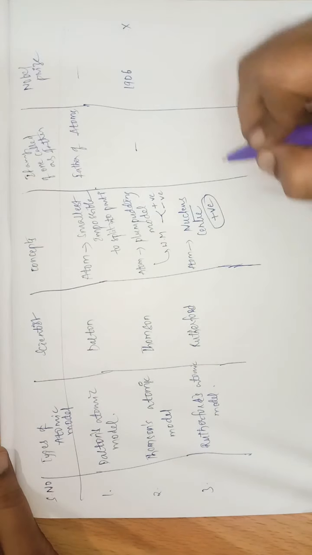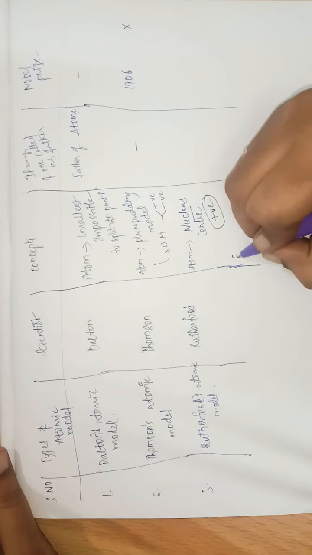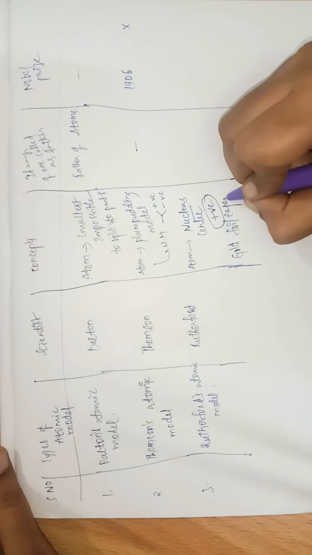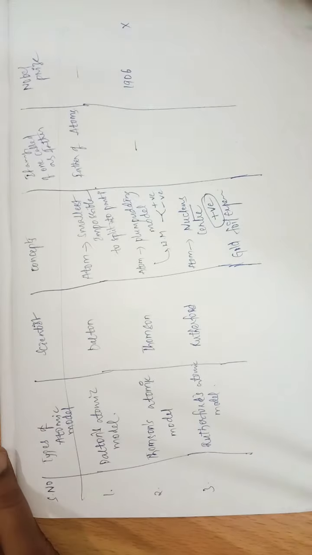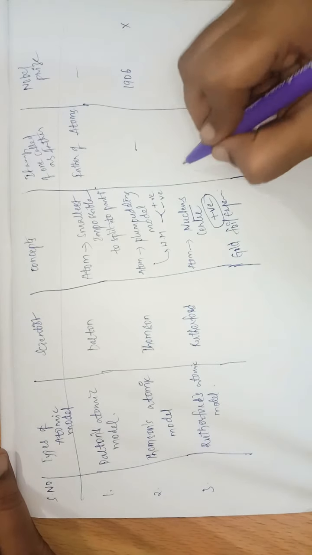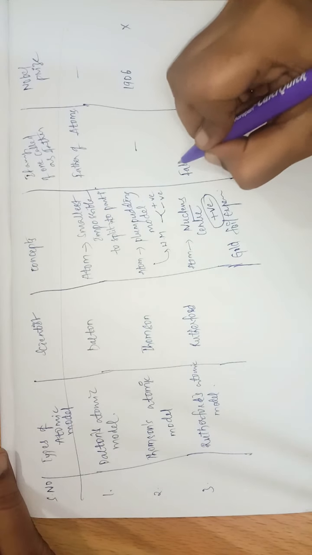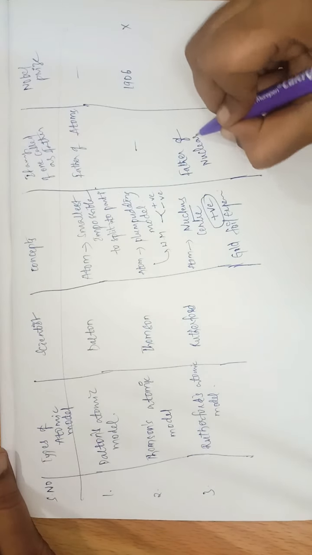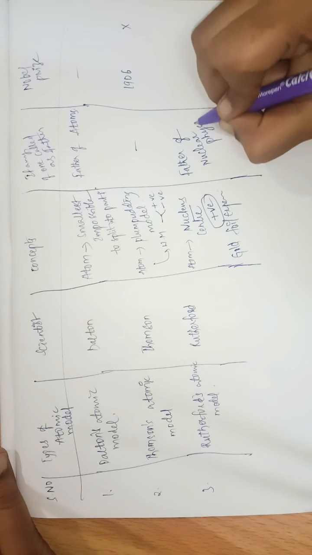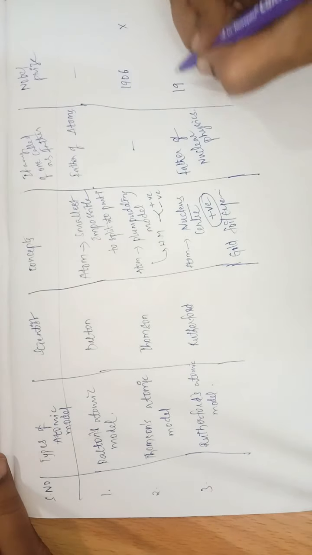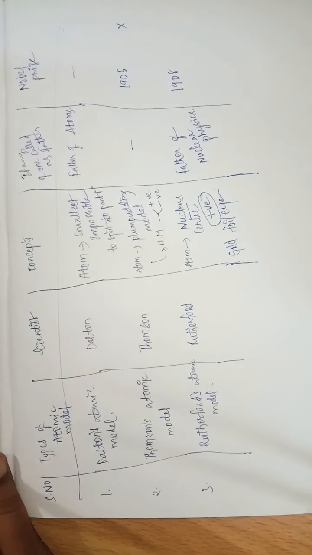He explained it with the gold foil experiment, that is the alpha scattering experiment. That's why he is named the father of nuclear physics, and he got the Nobel Prize in 1908.